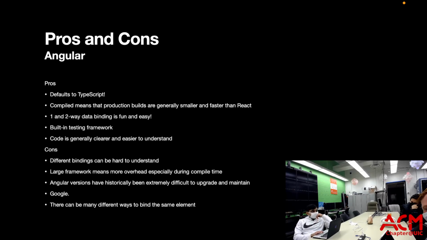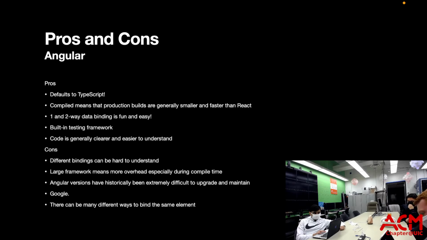But generally, Google has really good documentation for it, so you don't have to worry about it too much. 1- and 2-way data binding is really easy, really, really fun. Code is extremely clean, and since you're using TypeScript, you'll be writing better, cleaner code. It's a lot harder to make a bunch of spaghetti code. So yeah, and then it's a large framework. A lot of people use it. Other than the difficulties with upgrading and maintaining, there's a lot of community support, which is great.